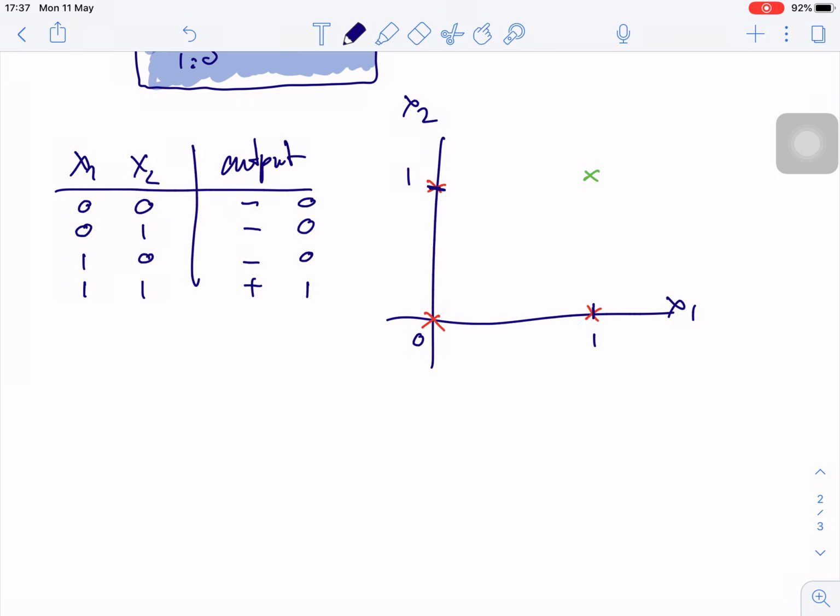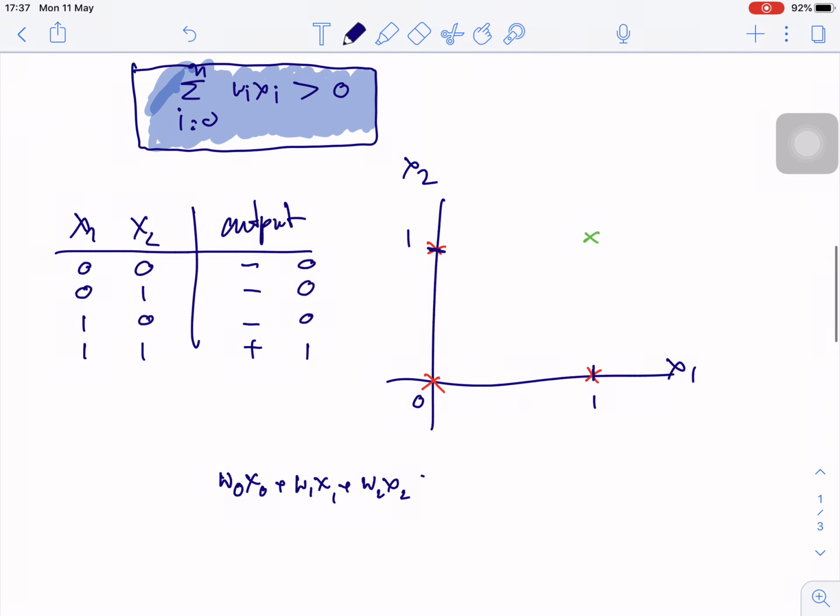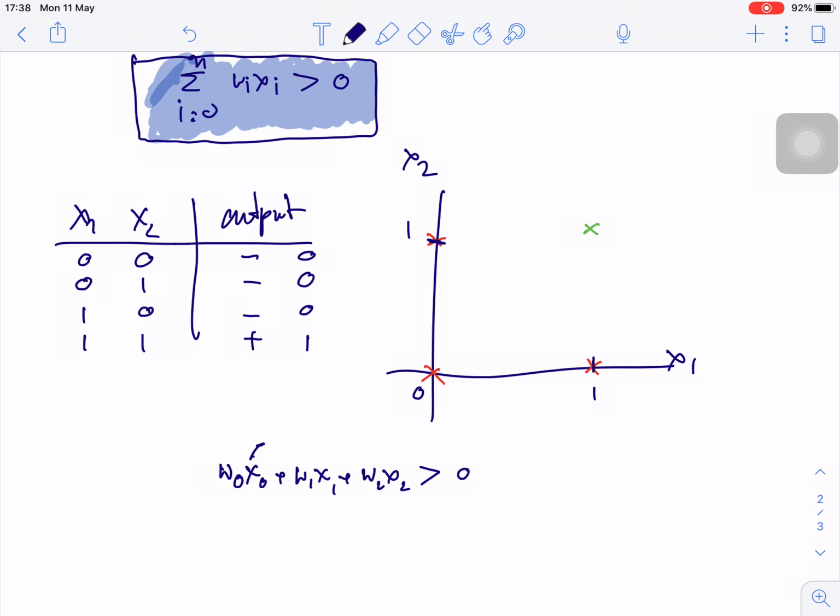So guys, let's get back to our equation. So in this case, we have x1, x2. So I would like to introduce this one, w0 x0 plus w1 x1 plus w2 x2 must be greater than 0, right? So x0 is always 1, so it becomes w0 plus w1 x1 plus w2 x2 greater than 0.